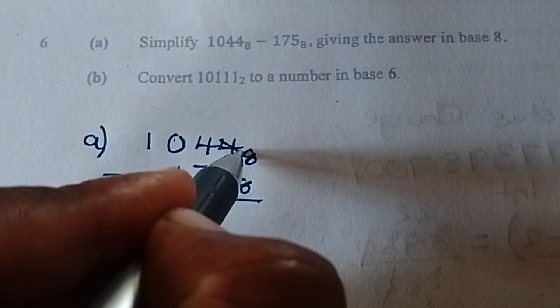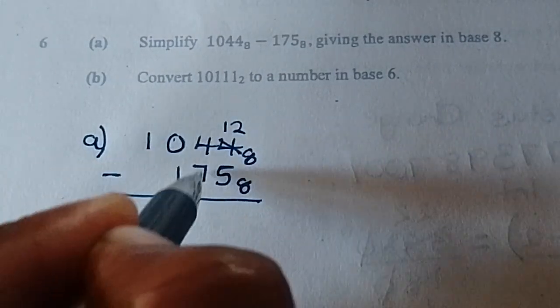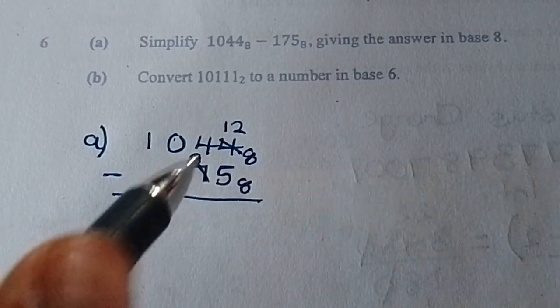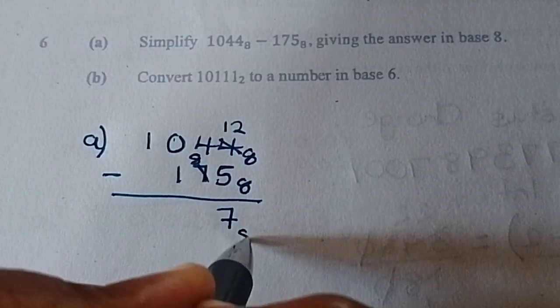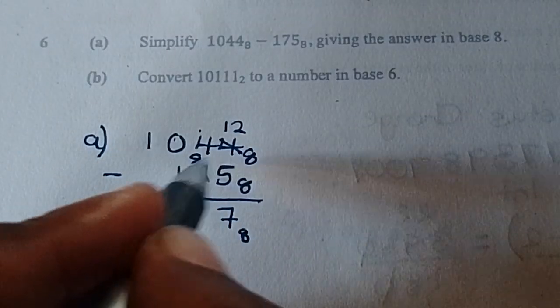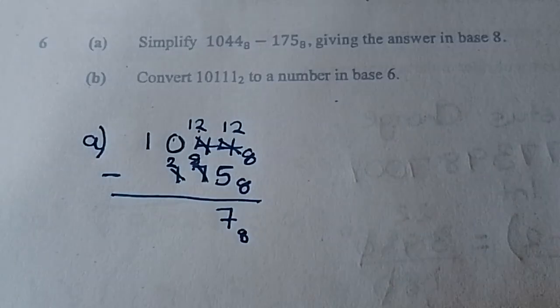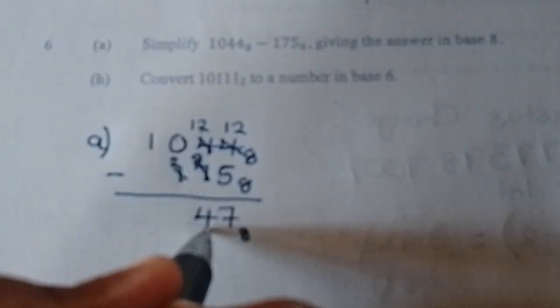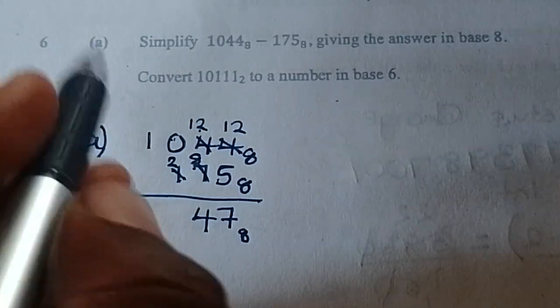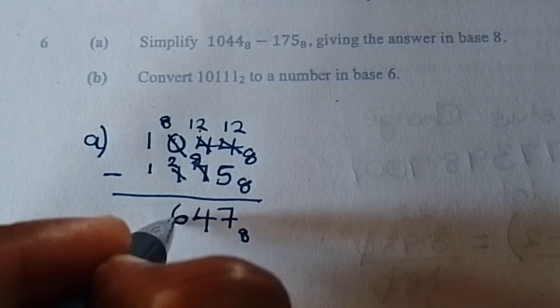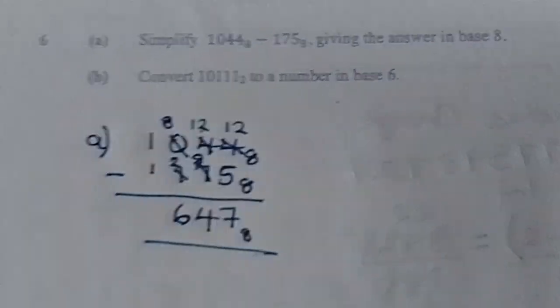We add our base, it becomes 12, 1 unit there, it becomes 8. 12 minus 5 is 7. 4 minus 8, it can't. We add our base, it's 12, 1 unit there, it is 2. 12 minus 8 is 4. 0 minus 2, it can't. Add our base, it's 8, 1 unit there, 8 minus 2 is 6. So it's 647 base 8.